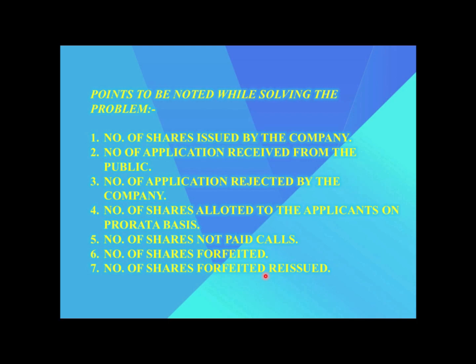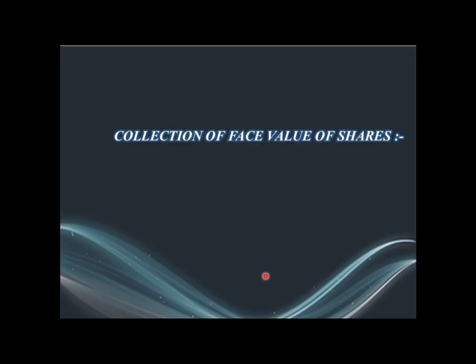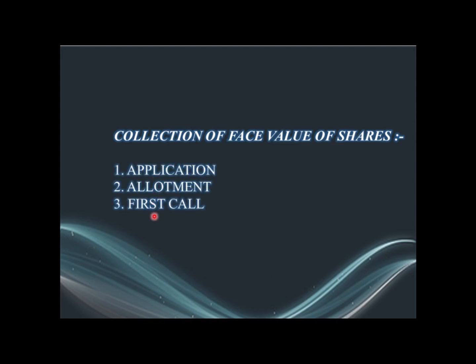When new shares are issued by a company, then the per unit value of each share is collected in 4 stages and not in one attempt. These stages are application, allotment, first call, second and final call.